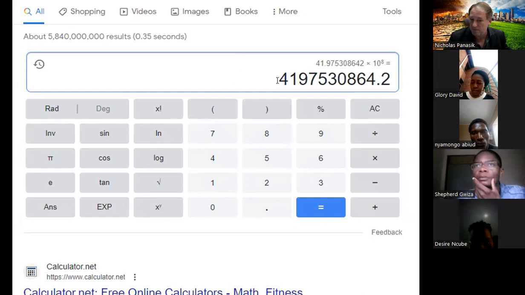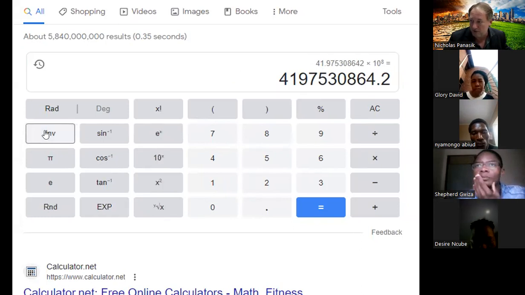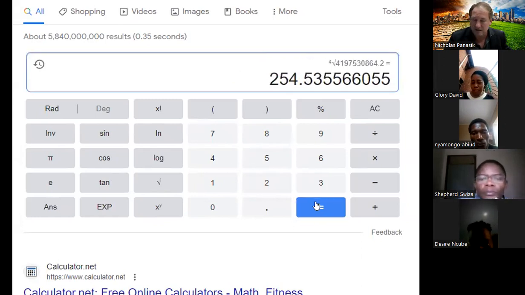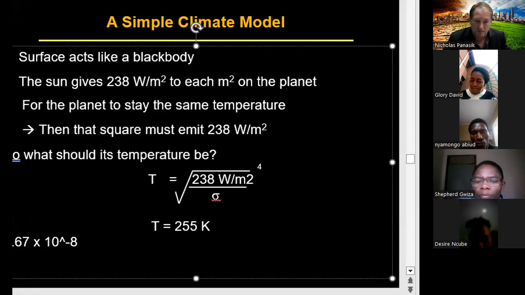And so now I get this really big number, right? And now to take the fourth root of that, I just go to inverse, y root x, and then I want to take the fourth root, and I get 254 in that case. Or as we had said, 255.